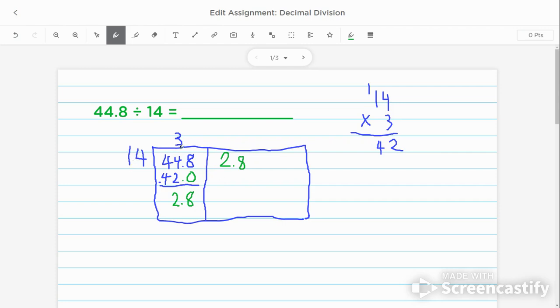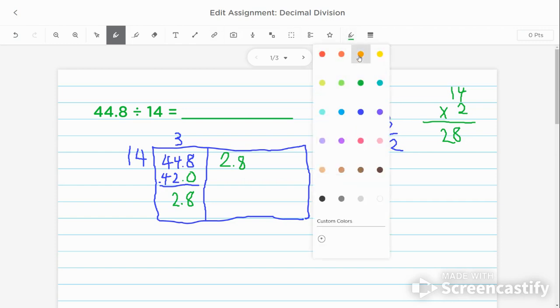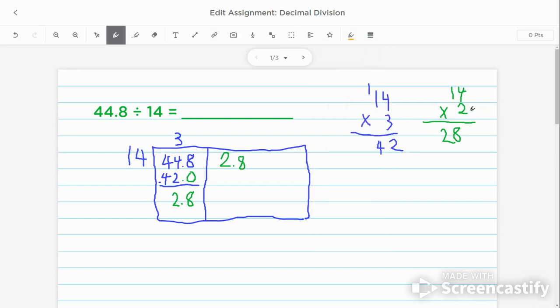One thing that I'm noticing, like I said, I know 14 times 1 is 14, and I know that 14 times 2, so 14 plus 14, is 28. Take a look at the similarity there: 28, 2.8. We've learned about powers of 10 lately.